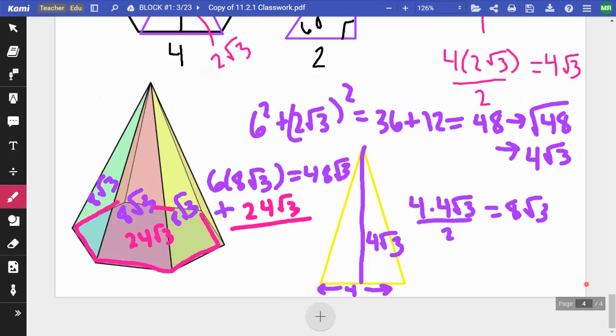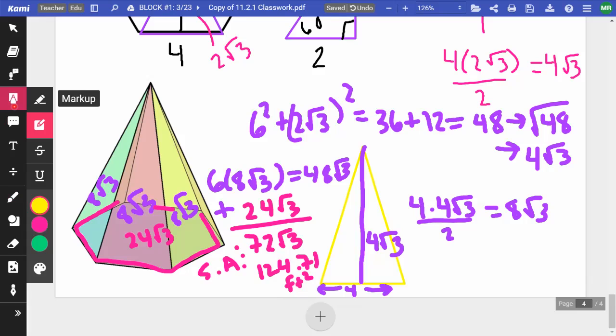So when I take 48 plus 24, I get 72. So this is 72 root 3. That is my surface area. And 72 times the square root of 3 is 124.71 feet squared.